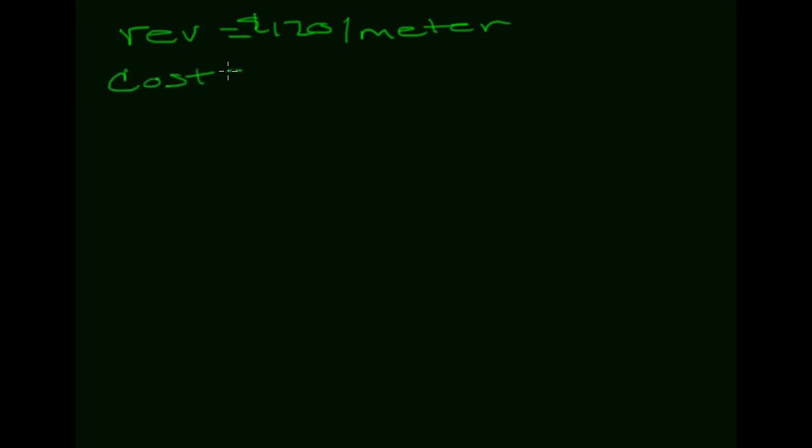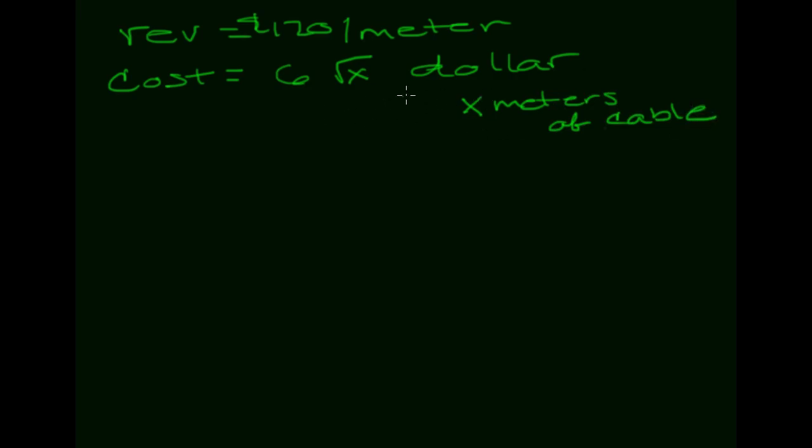My cost function is going to be 6 times the square root of x dollars, the total cost when I produce x meters of cable. So this is the rate of my cost.